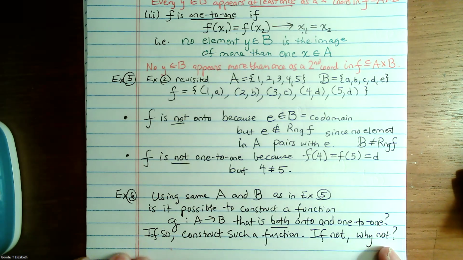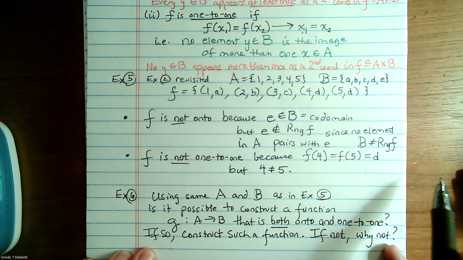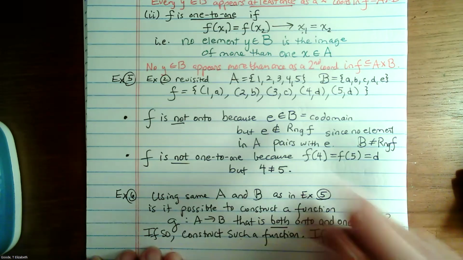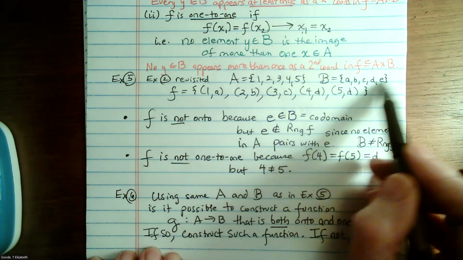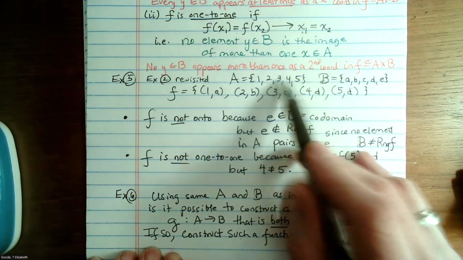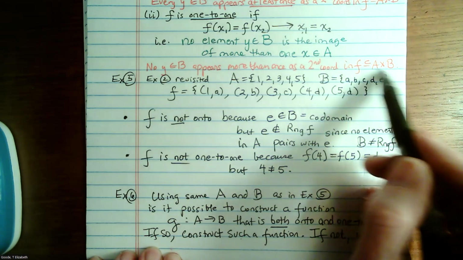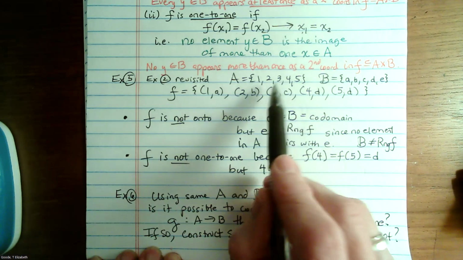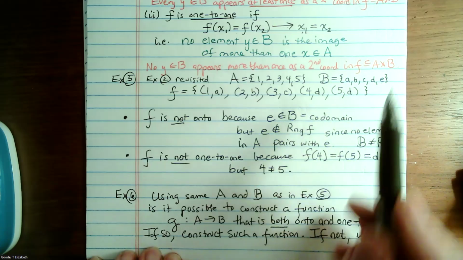There has to be the same number of elements in A and B for it to be one for one. That's right. For finite sets, we have to have enough elements in A to hit all the elements in B with their arrows. That's for onto. But for one-to-oneness, we have to have enough elements in B that each element in A can have its own private partner over here.